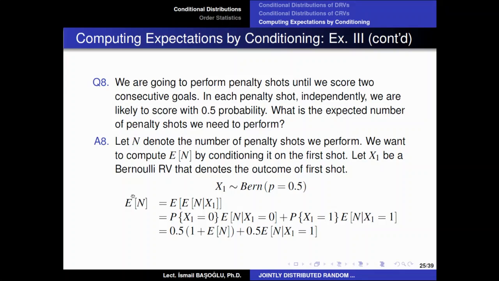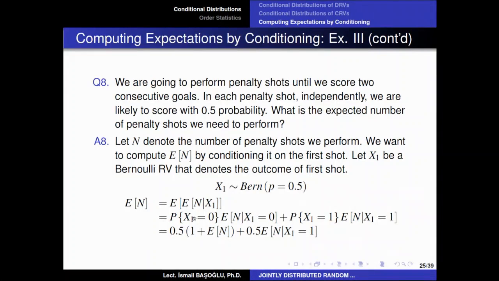Now I am going to calculate the expected value of N. This is my ultimate result. That expected value will be a conditional expectation of N given the first shot, and we calculate the outer expectation based on the probabilities of X1. So we are expanding the expectation of N by conditioning it on the outcome of the first penalty shot, which is going to be the probability of X1 being equal to 0 times the expected value of N given that X1 is equal to 0.